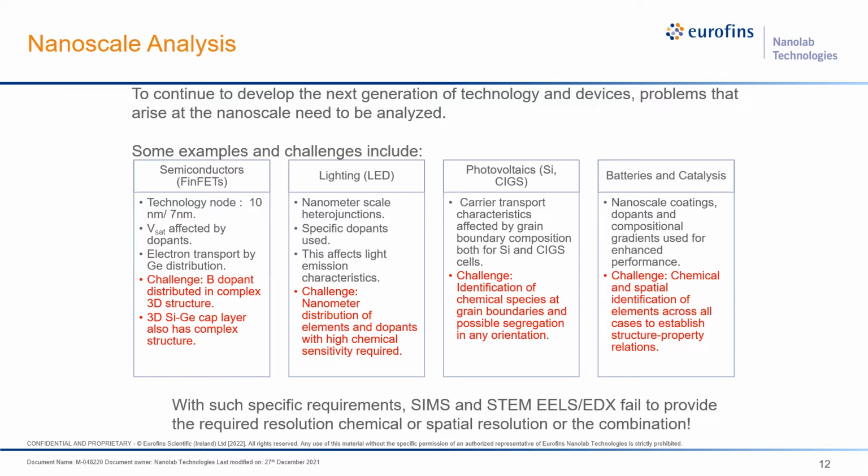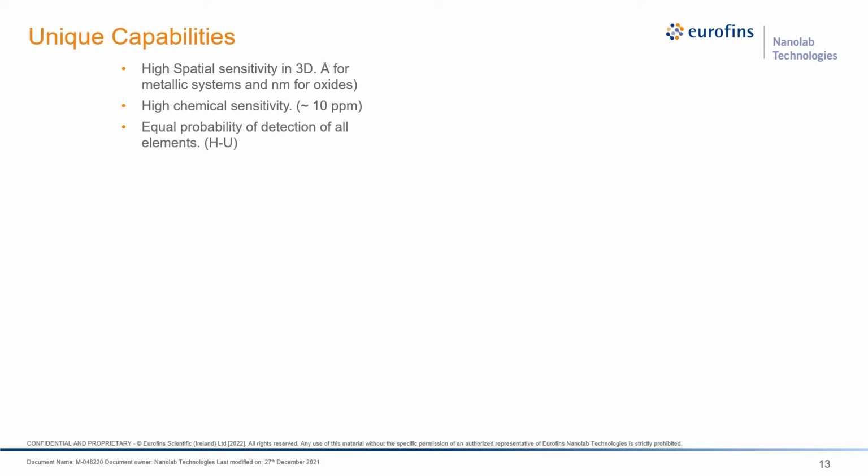Based on the operating principles and the current and future material needs, APT has certain very unique capabilities. It has high spatial sensitivity in 3 dimensions, down to angstrom levels for metallic systems in the Z direction and down to nanometers for oxide-based systems. There is also high chemical sensitivity, all the way down to 10 parts per million. And more importantly, there's equal probability of detection of all of the elements, ranging all the way from hydrogen to uranium.